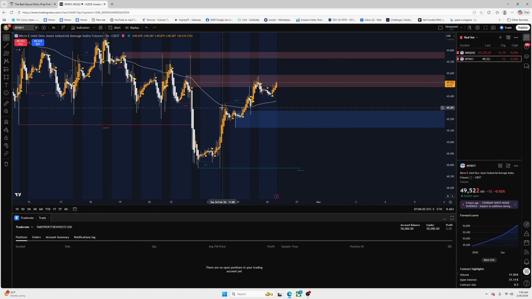Holy, look at this candle. If that ain't a sweep, I don't know what it is. Anyways, looks like price came down, swept crazy, and then had to gain some momentum. So it came down, swept, continued to push up, came down. Look at this candle, buddy.